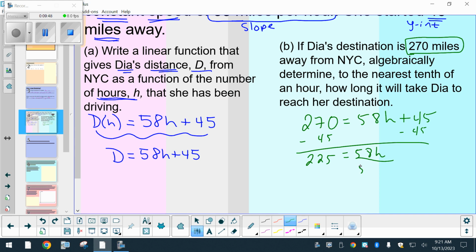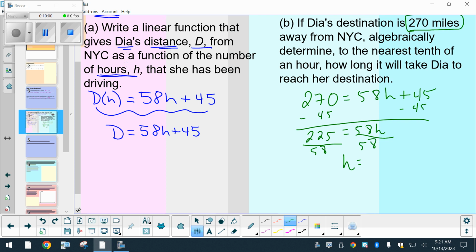And then I'm a big fan of always showing me the decimal before you round it, in case you make a rounding error, so I can see where you made that error. So for this, what did you get? It's going to be 3 point, before you rounded, I think it was 87931. Yeah, that's fine. And then they want it to the nearest 10th. So your hours will be 3.9 hours.